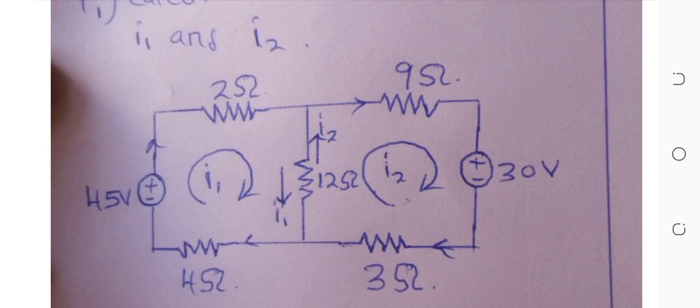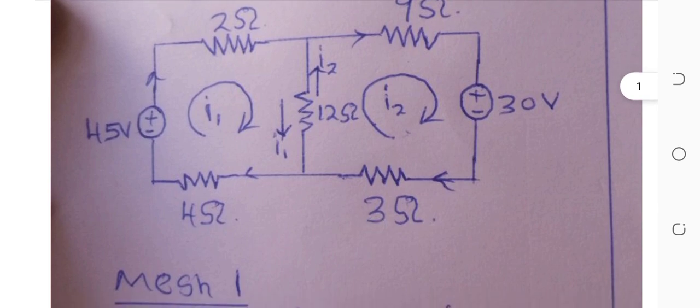So to start, we will go around the loop such that the voltage drops all along the loop must equal 0. That is, we start at the 45 volt supply, the voltage source.